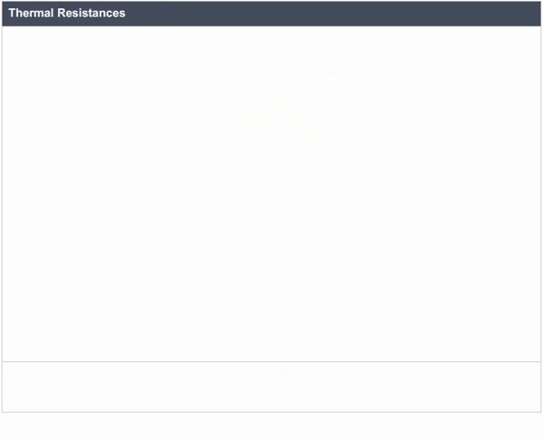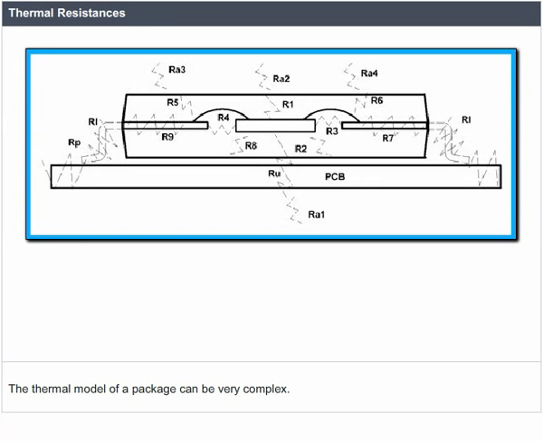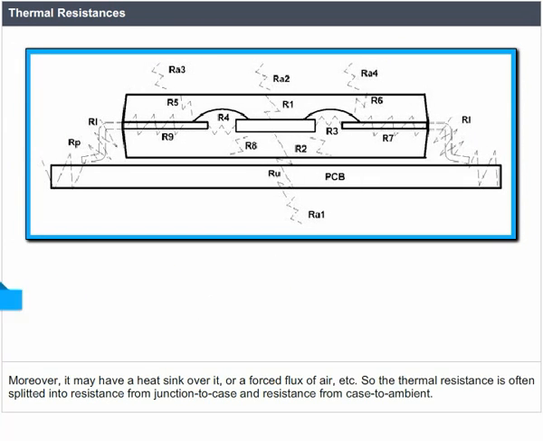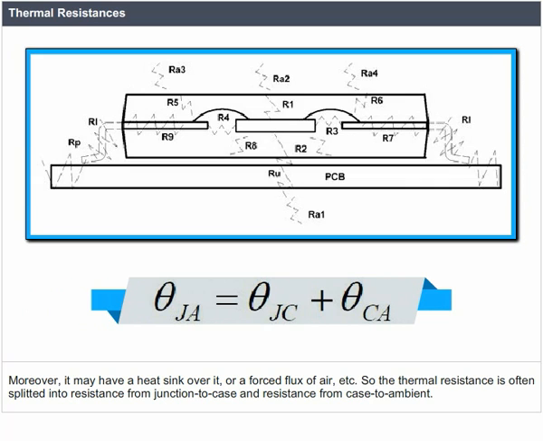Thermal resistance: the thermal model of a package can be very complex. Moreover, it may have a heat sink over it, or a forced flux of air, etc. So, the thermal resistance is often split into resistance from junction to case and resistance from case to ambient.